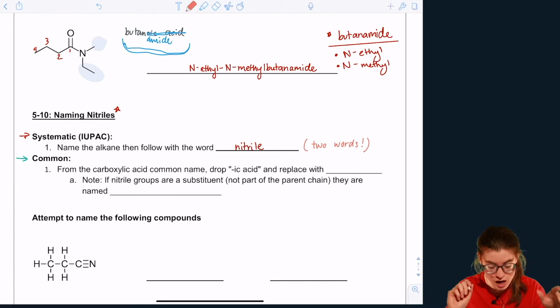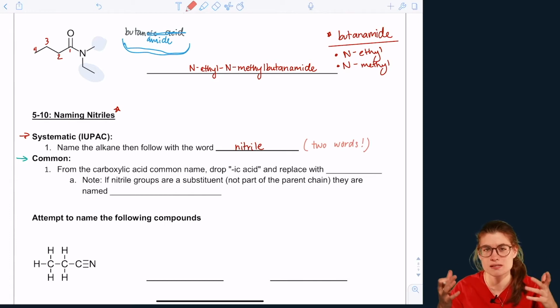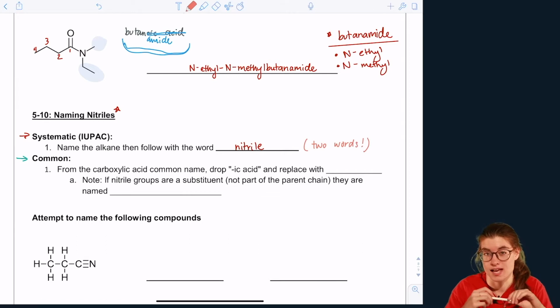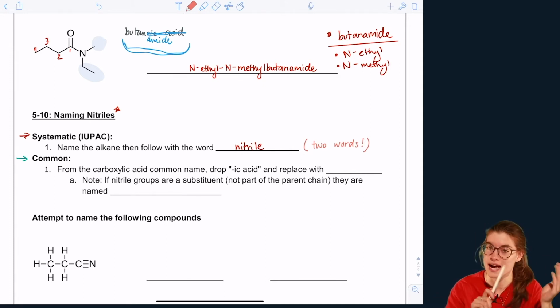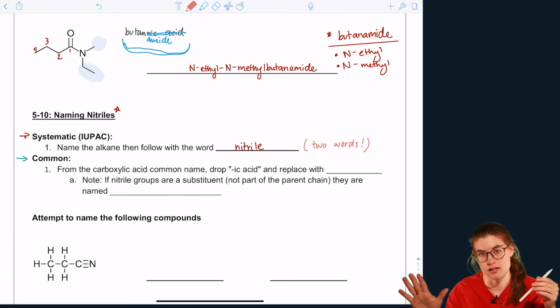But for the common way of naming nitriles, more simple nitriles, we're going to base it off of the carboxylic acid name. Now, here's the catch. Do you remember when we went over carboxylic acid nomenclature? There were two ways that I showed you could do it. You could use the systematic or the IUPAC way, or you could use the common way.